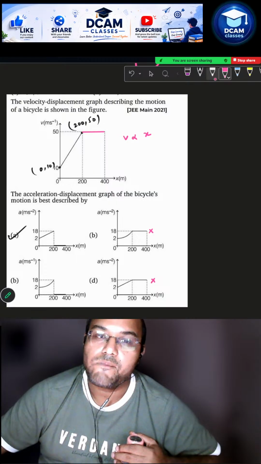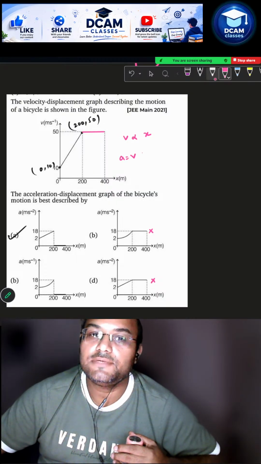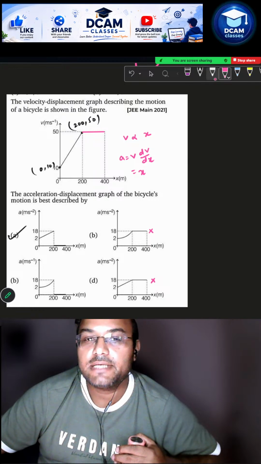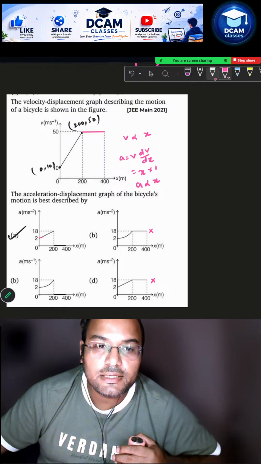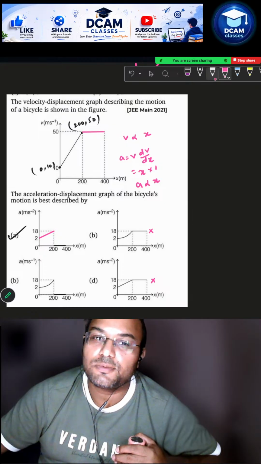So the acceleration would be what? Acceleration is v dv by dx. So it would be x into dv by dx, which is 1. So a is proportional to x. That is why you are getting this kind of straight line, because acceleration is also proportional to x.